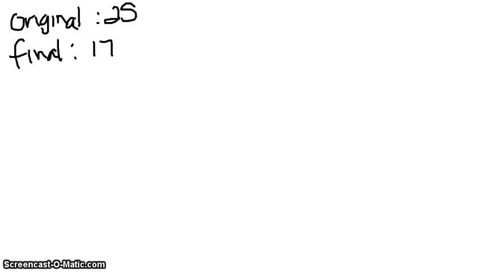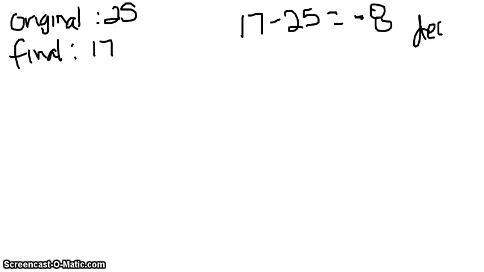I can just look at this and say that my final is smaller than my original, so I know it is going to be a decrease. But I still want to subtract the original from the final, because I'm going to need to know that actual number. So I take 17 minus 25 and I get a negative 8. I'm going to write here real quick, this is a decrease, so we don't forget.